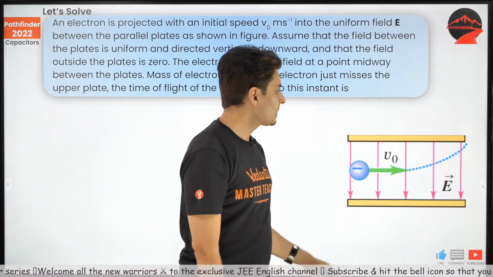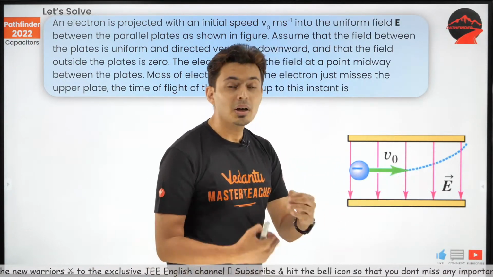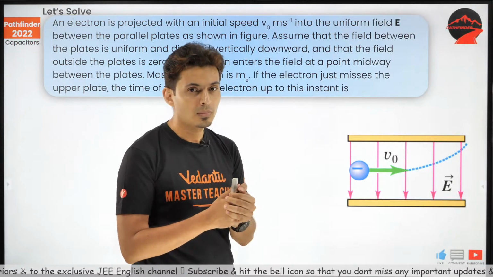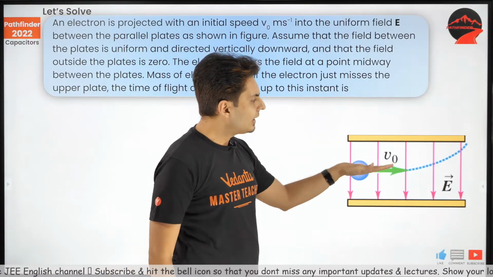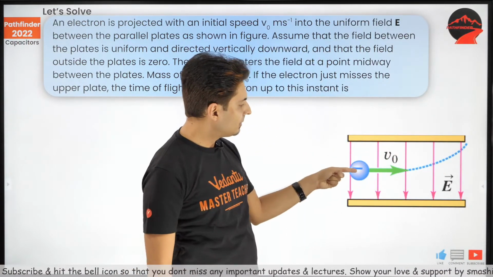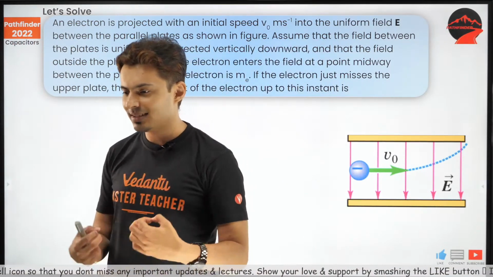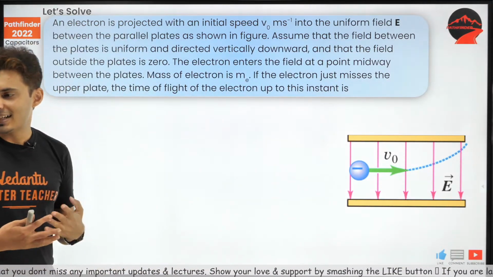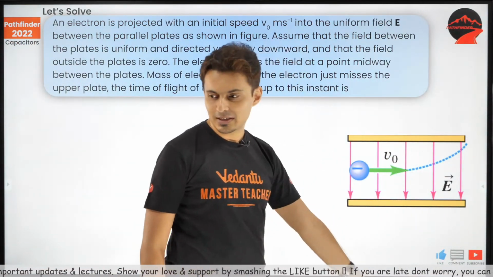Now, what is happening is that this charge will go in a curved path because it will experience a force. Remember, electric field means electric force. So the charge will get deflected and it just misses the edge of the plate. It starts from here and it misses the edge of the plate. So the question is, what's the time of flight of the electron from this point to this point?